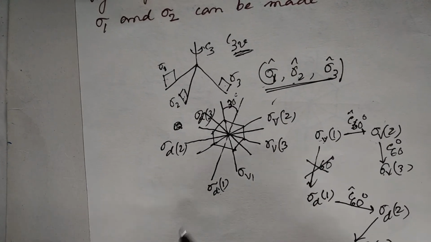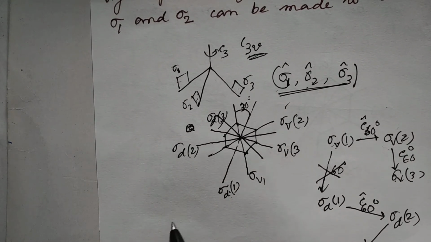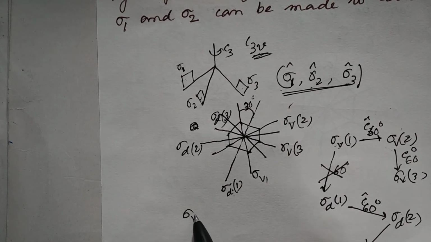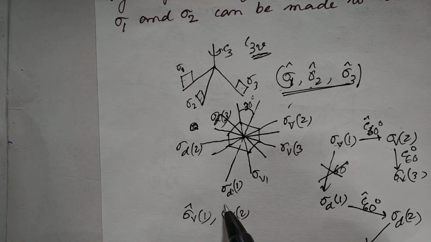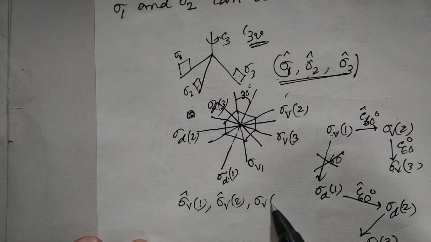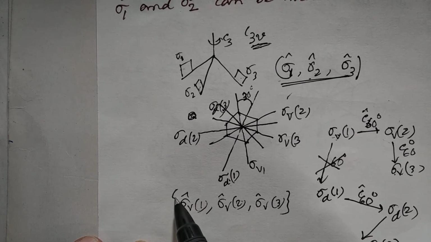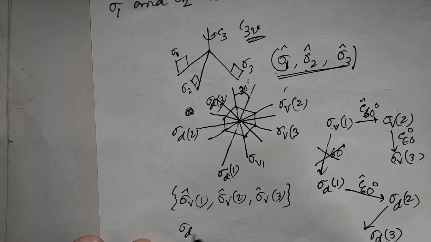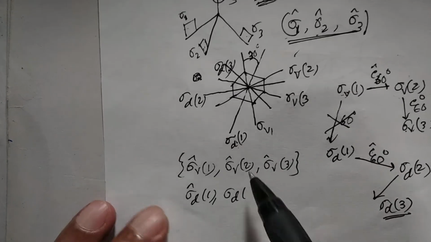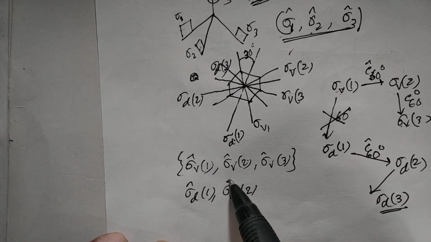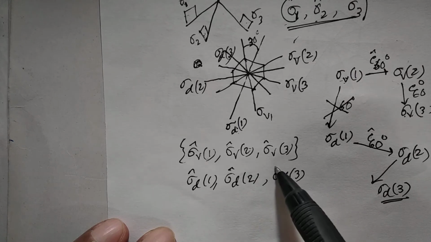So there are two conjugate classes of reflection type: sigma V1 operation, sigma V2 operation, and sigma V3 operation. This is one conjugate class, and similarly sigma D1 operation, sigma D2 operation, and sigma D3 operation.